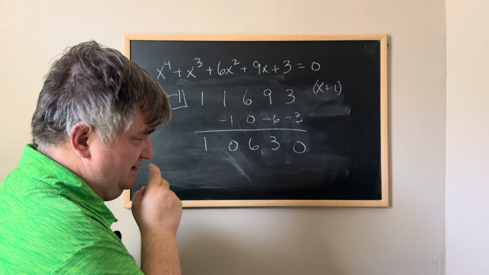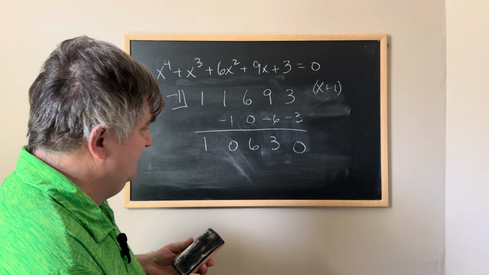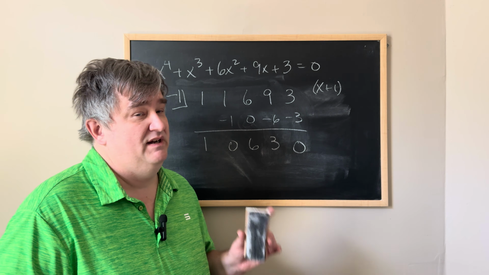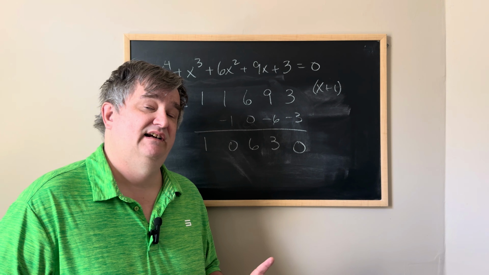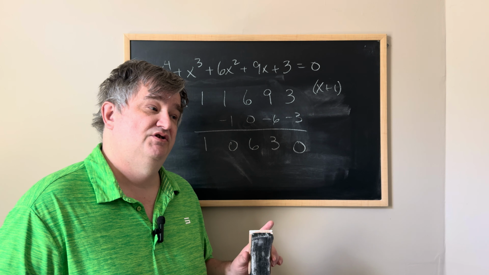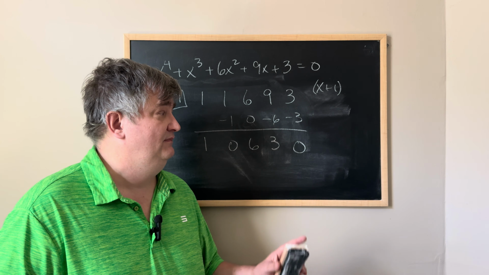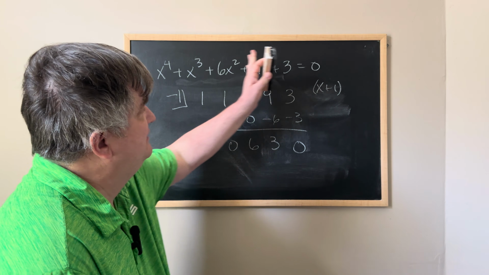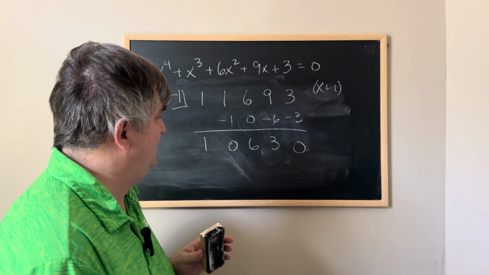So there's the synthetic division. If you do not know synthetic division, make sure you learn it. And if you're not learning that in Algebra 2, shame on your teacher. This is the fastest way to factor this big polynomial.